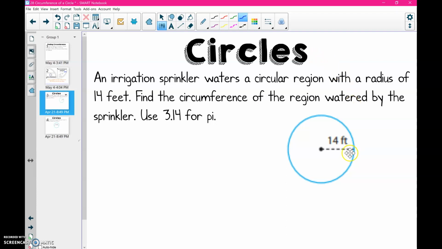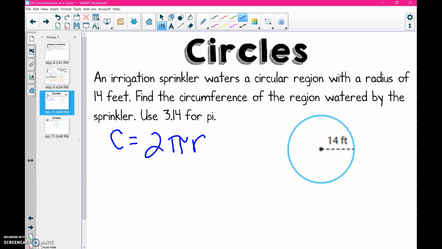Because we are given the radius, we're going to use the formula C equals 2 pi r. Again, if you put it in a different order, not a big deal. This is just what I'm used to hearing. So the 2 stays the same. The only difference is for pi, and I want to make sure this is very clear to you: pi is not a variable. That is the symbol that we use to represent pi. So yes, we're not going to have pi there.